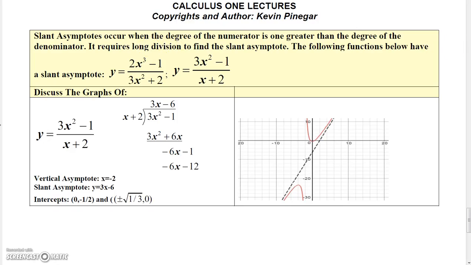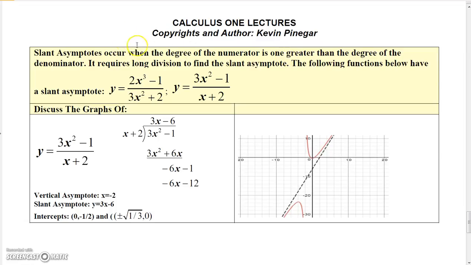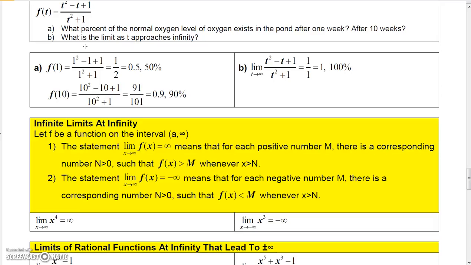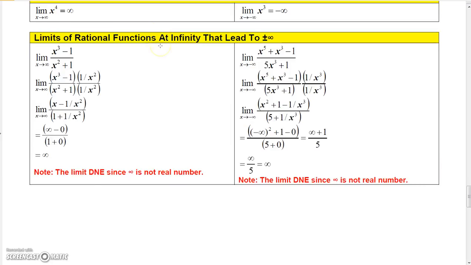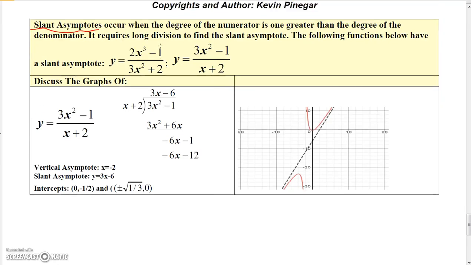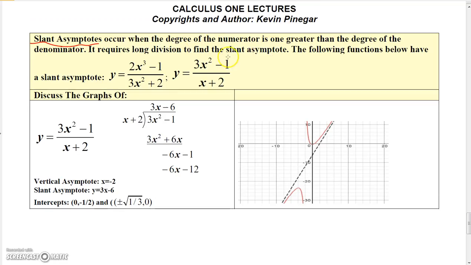Okay, let me go ahead and show you one more thing about asymptotes before we shut this video down. You can also get an asymptote that's called a slant asymptote. We talked about vertical asymptotes earlier, and in this section we talked about horizontal asymptotes. But there's also a situation where you can get something called a slant asymptote.